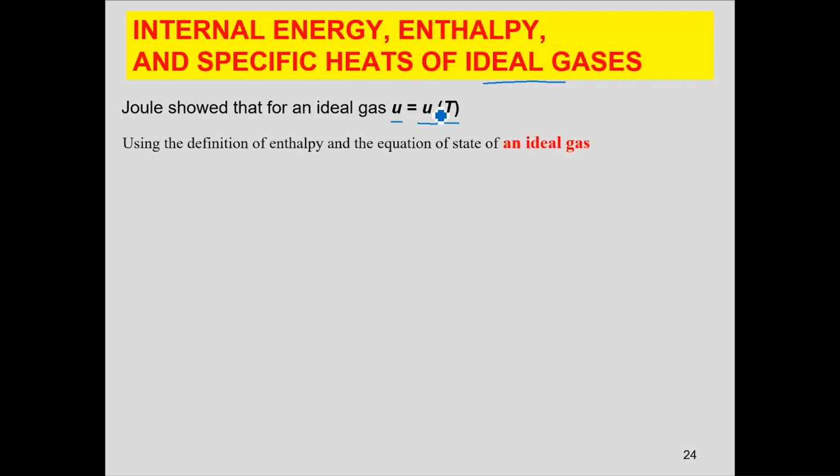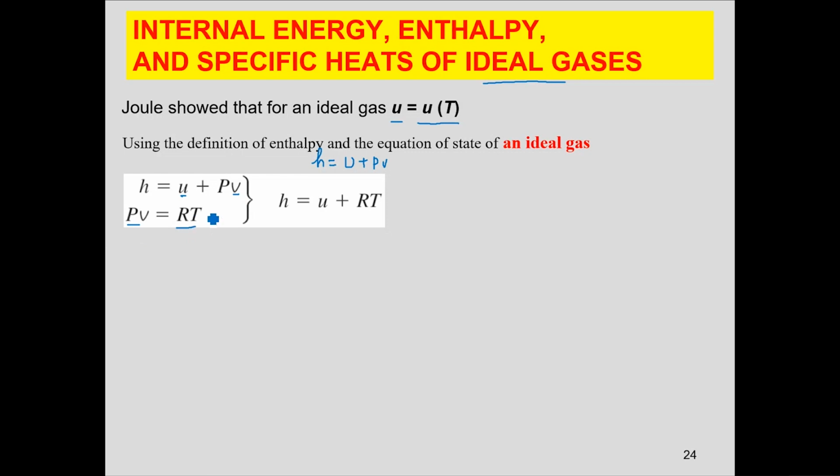In such a case, enthalpy, which you defined previously, is a function of internal energy and the boundary work, which is PV. Since you are representing per unit mass, I have represented small u and specific volume. And the ideal gas equation says that Pv is equal to RT.